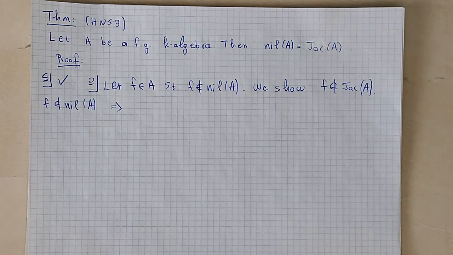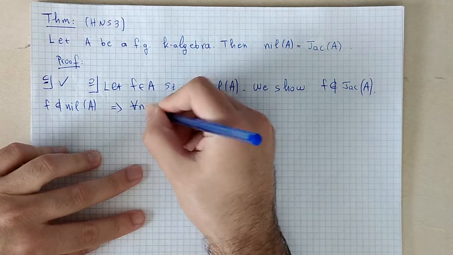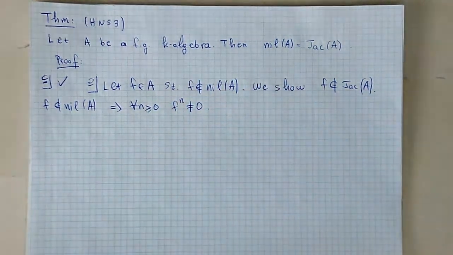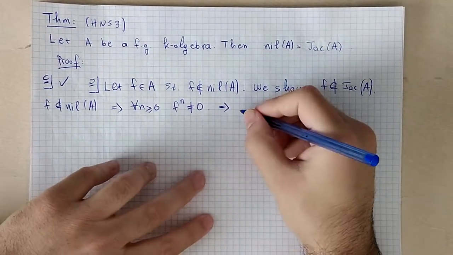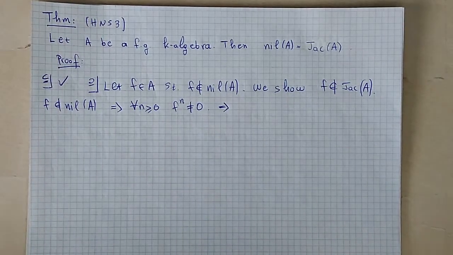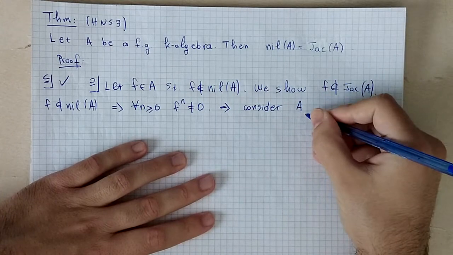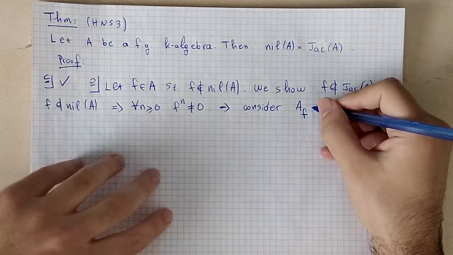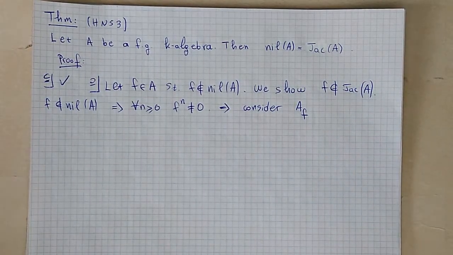But since F is not in the nil radical, what we get is that for every n greater or equal than 0, F to the n is not 0, right? So this means that we can consider the localization with respect to F, where the multiplicative subset is all the powers of F, right?